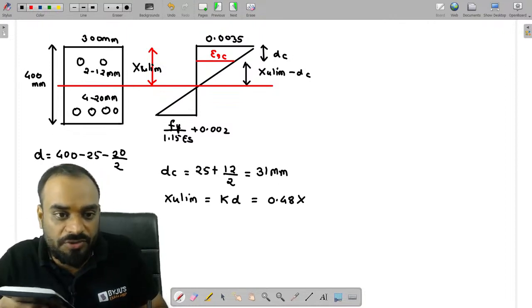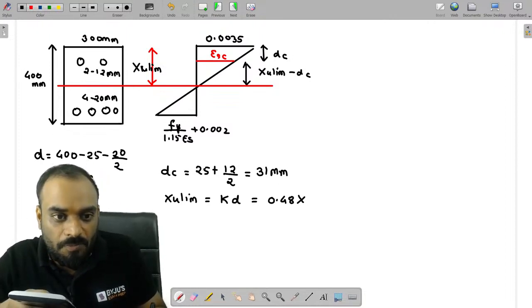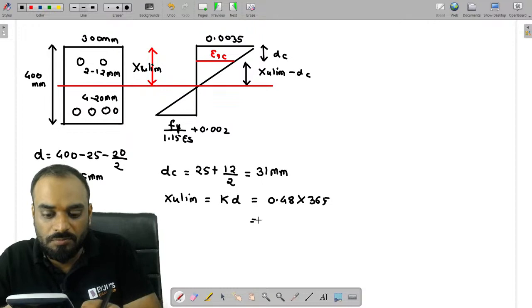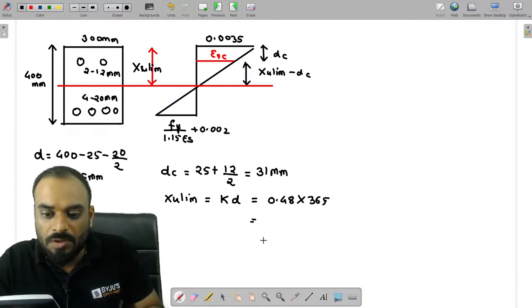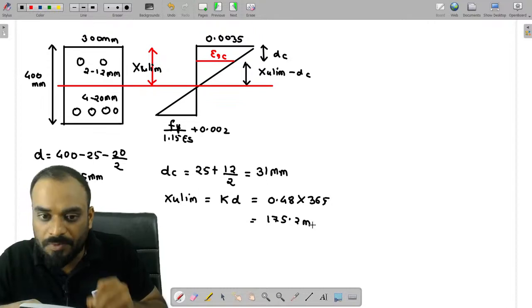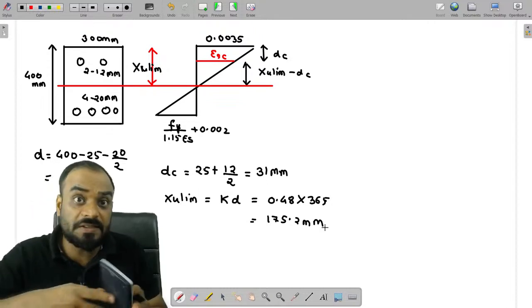So we are getting a value of 365 mm. So this value is 175.2 mm. Clear? This is xu limiting.